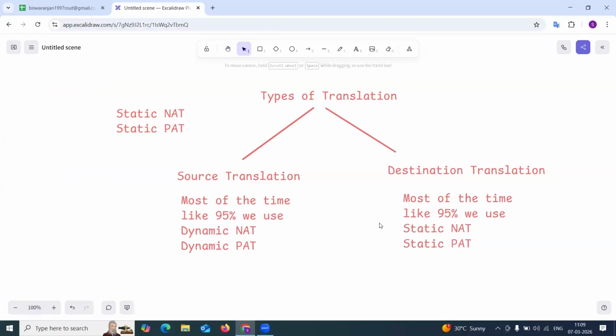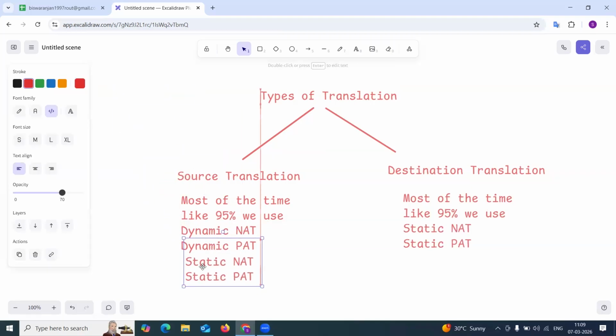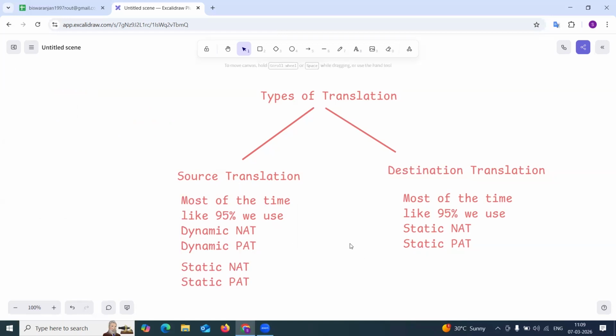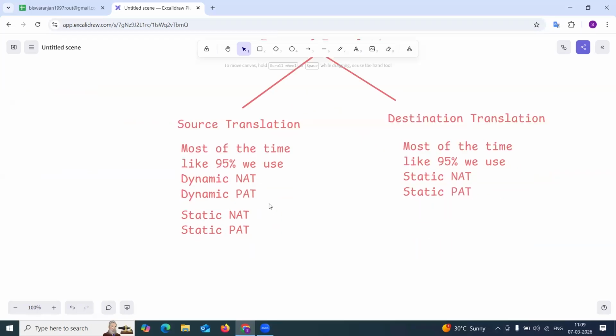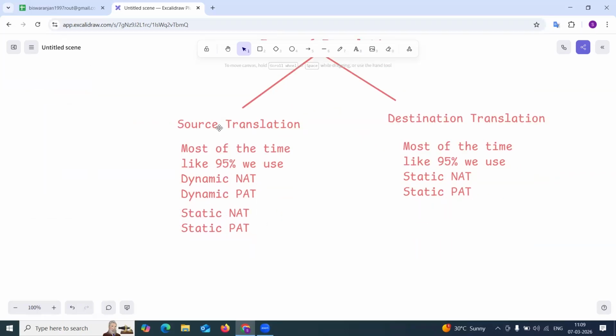for destination translation. See, if you ask me, can't I use a static NAT and PAT in a source? My answer is yes, you can. If you ask me, can't I use dynamic for destination? I can. But reasons are there why you don't use it. Still, static NAT and PAT can be used in a source translation as well. But overall, we don't use it.